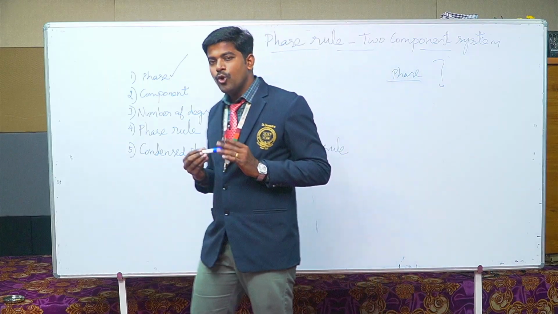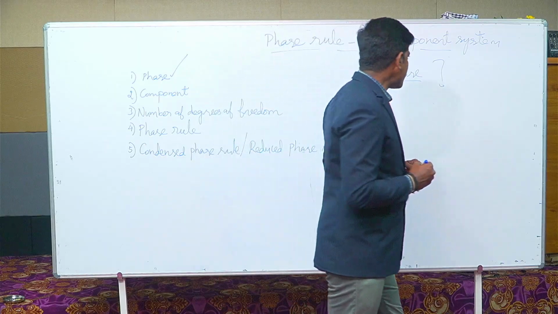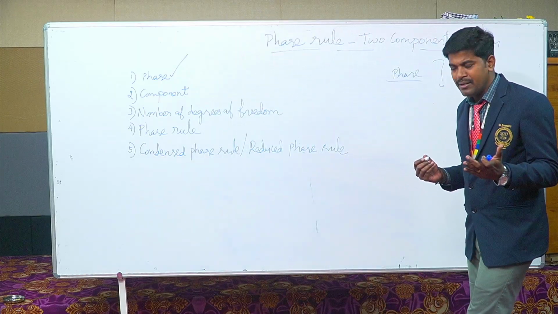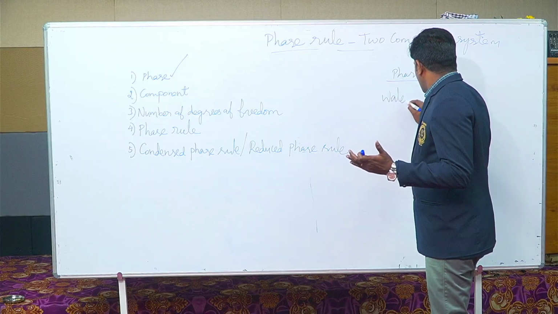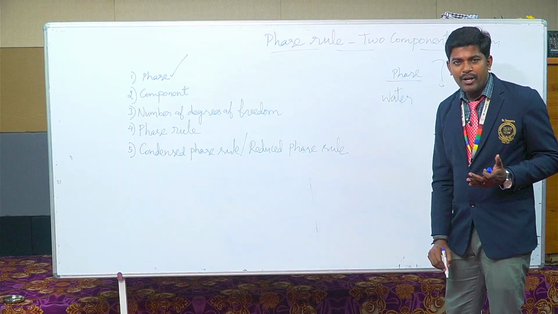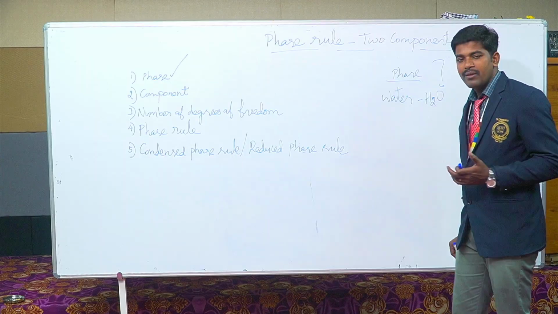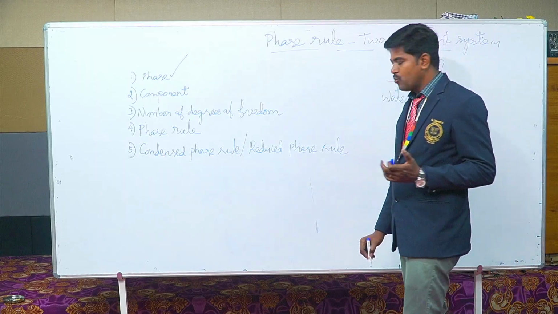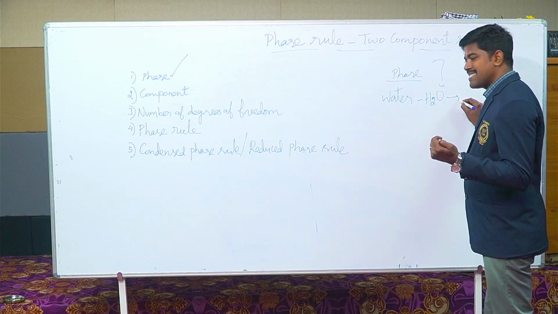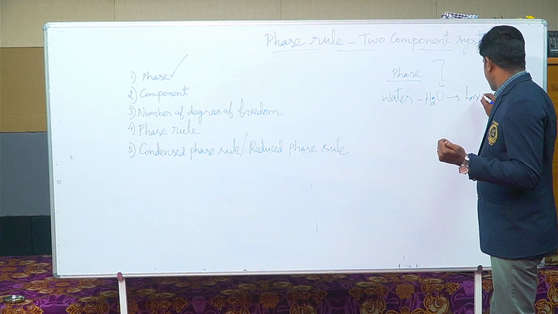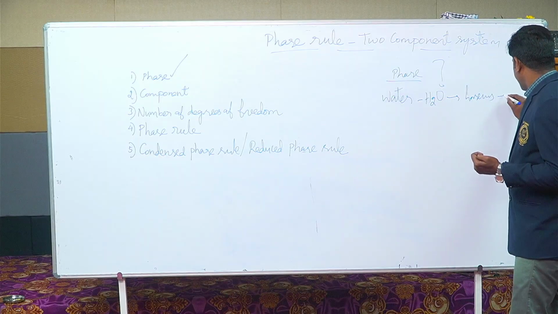So phase is a homogeneous, physically distinct, mechanically separable portion. Let me take one more example: water. The molecular formula of water is H2O. It can exist in three different phases. It can exist in a gaseous phase, which is water vapor.